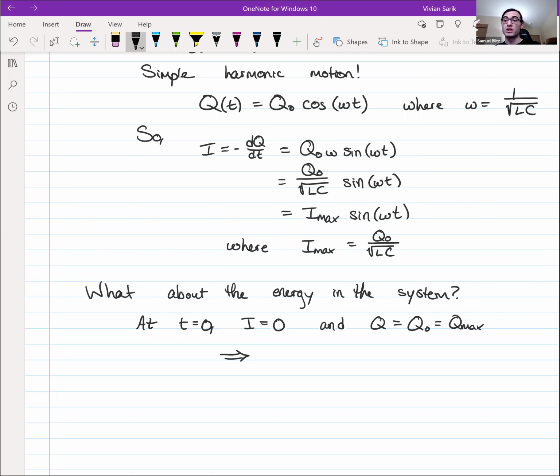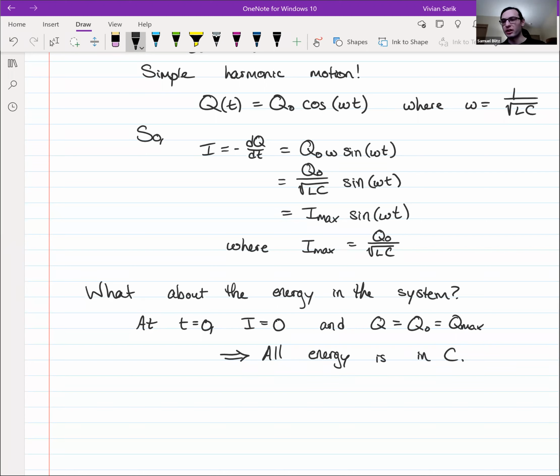So if the current through the inductor is 0, then the magnetic field is 0, and hence there's no energy stored in the inductor. In particular, the amount of energy stored in the capacitor is at its maximum, because the energy in a capacitor is proportional to the square of the electric field, and the electric field is proportional to the charge. So if the charge is at its maximum, so is the energy. So in this case, at t equals 0, all of the energy is in the capacitor.